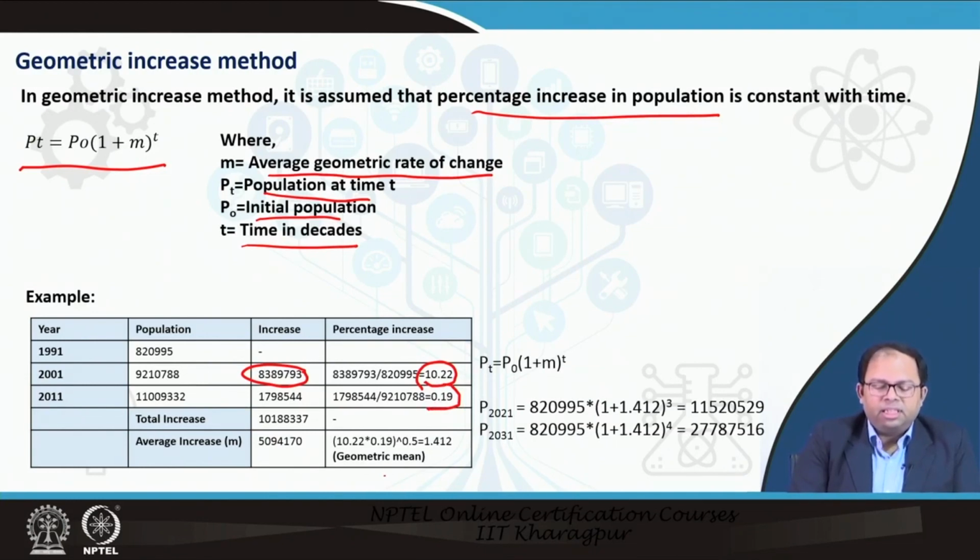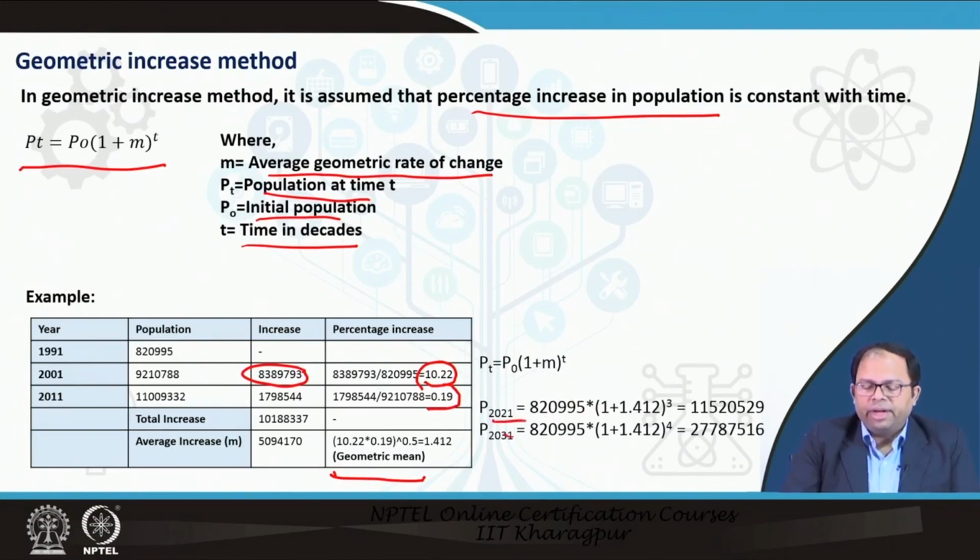So, the average increase is estimated through the geometric mean, where we multiply both of them and then take a root. If it was 3 times, we would have taken the power 1/3, 0.33, and then using this method we can estimate that Pt equals P0 into (1 plus m) to the power t.